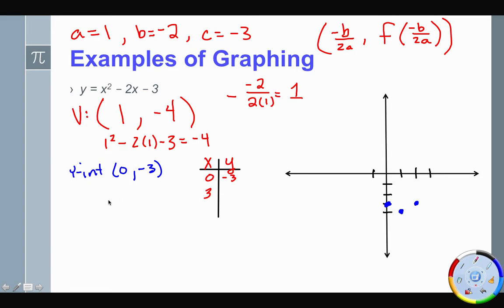So we plug in 3. We get 3 squared minus 2 times 3 minus 3. 3 squared is 9, minus 6, minus 3, which is equal to 0. So we get the point up here that is 3, 0.